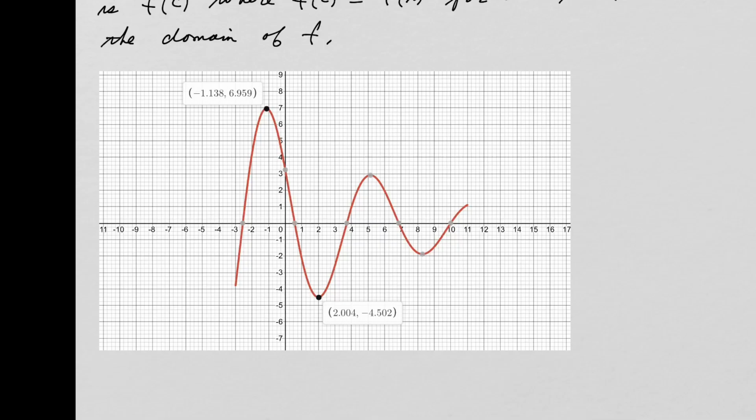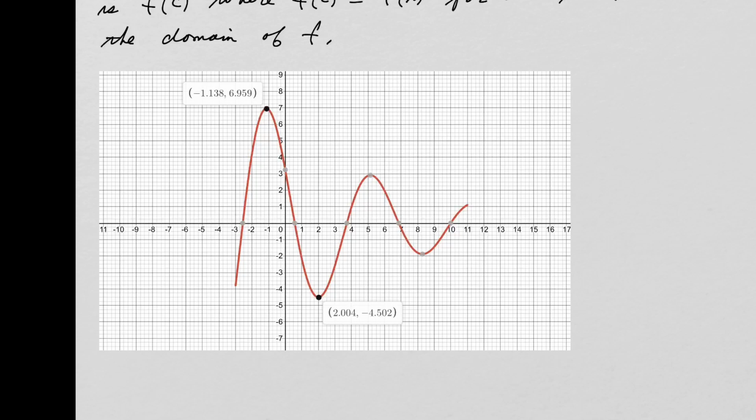Okay, so let's do one quick example. If we look at this graph, let's say we want to locate the absolute maximum and the absolute minimum. If you look here, there's a bunch of relative maximums. There's a relative maximum there, there's a relative maximum there. But what is the absolute maximum? The absolute maximum is the largest value.